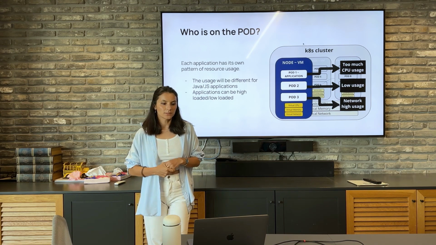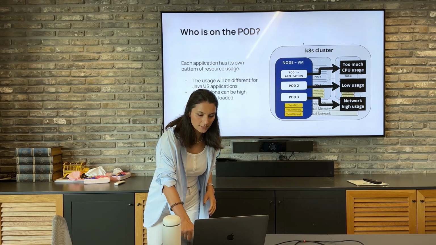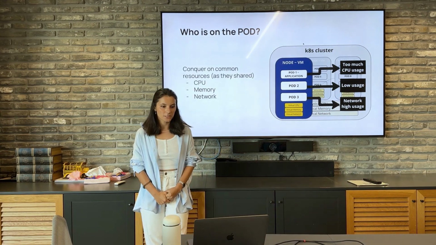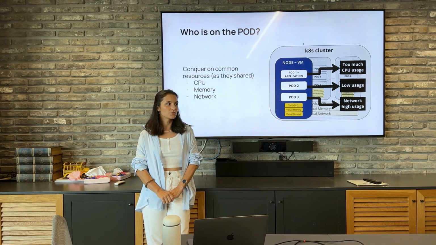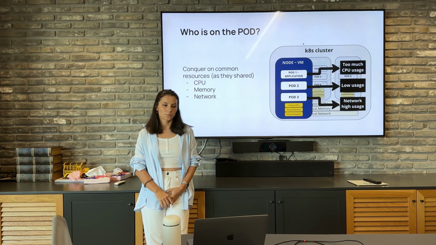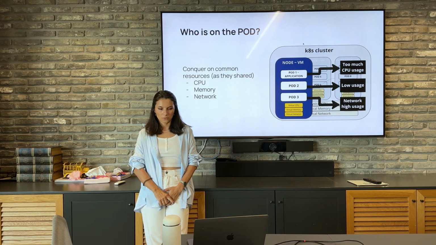The main point is that they actually compete for common resources: basically CPU, memory, or network. So if one application on this node is overloaded, it can influence the others, and so on.